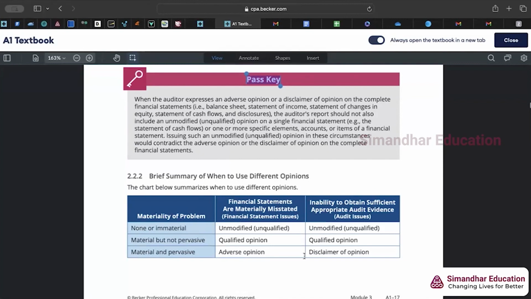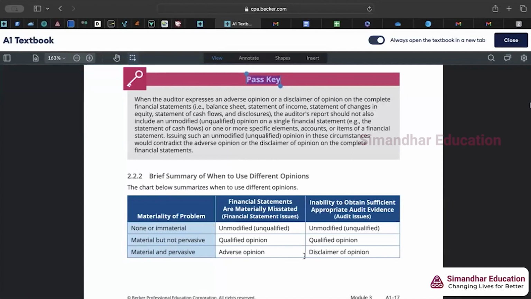For example, in the depreciation example that I gave, management said they are following a different depreciation policy. Auditor was able to audit it. Auditor accepts the estimates made by the management, but the impact is so material of using a different estimate that the auditor believes it should be highlighted in the audit opinion so that the users of financial statements know that the depreciation used is a different depreciation policy or estimate as opposed to the standard.